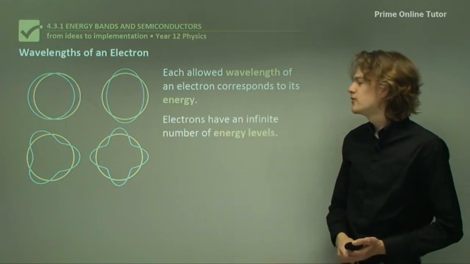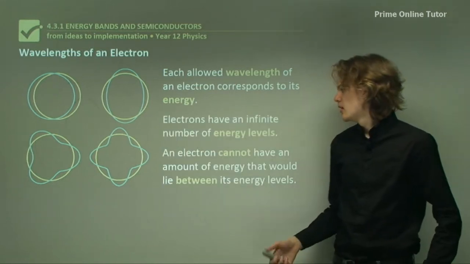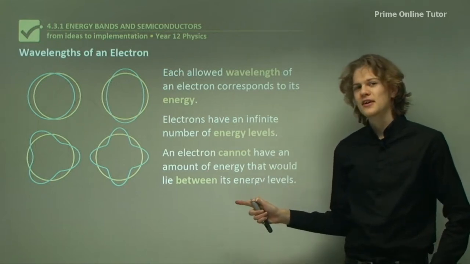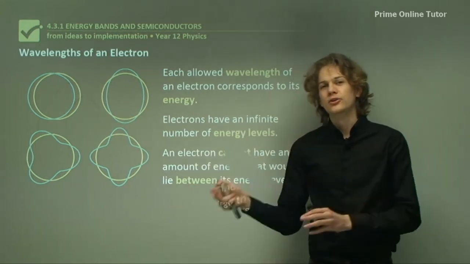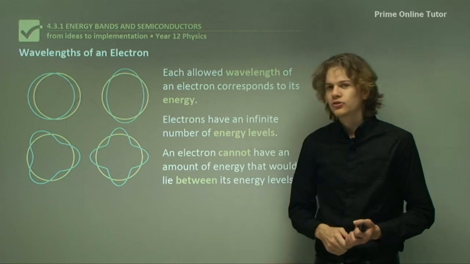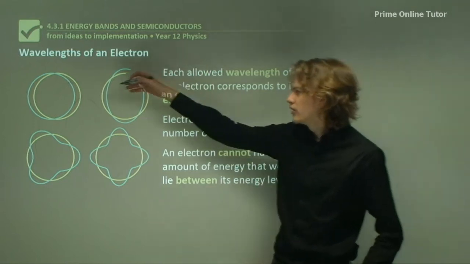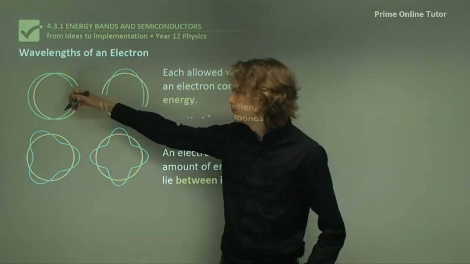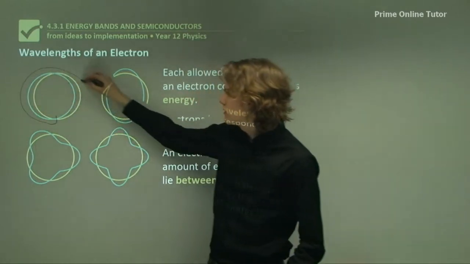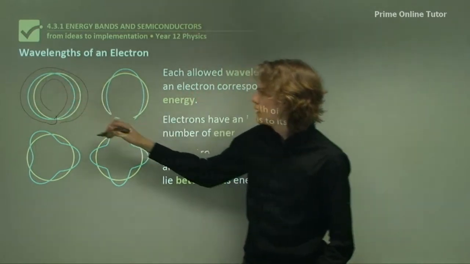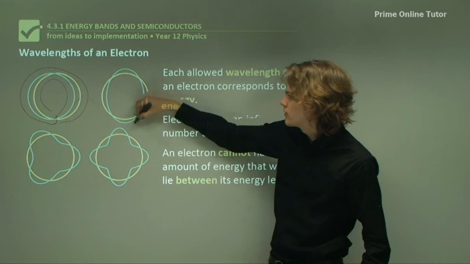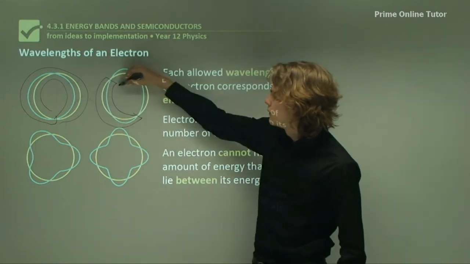Now, electrons have an infinite number of energy levels, but an electron cannot have an amount of energy that lies in between 2 different energy levels. So we can see here a standing wave with just a single wavelength. Here's a standing wave with 2 wavelengths, 1, 2.